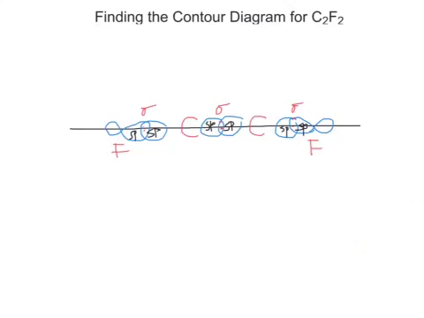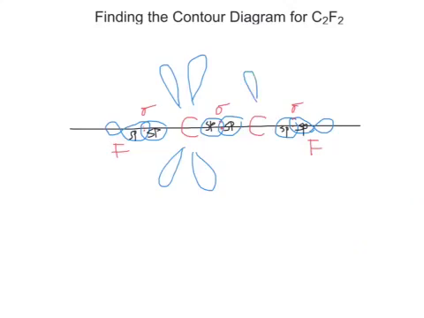Now, let us remember that the bonds in between the two carbons are triple bonds. So what we need to do is write down the corresponding other orbitals.